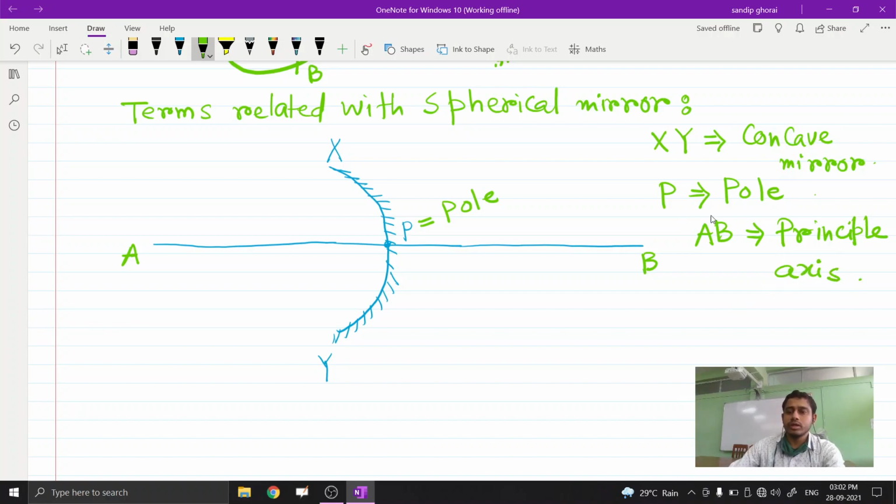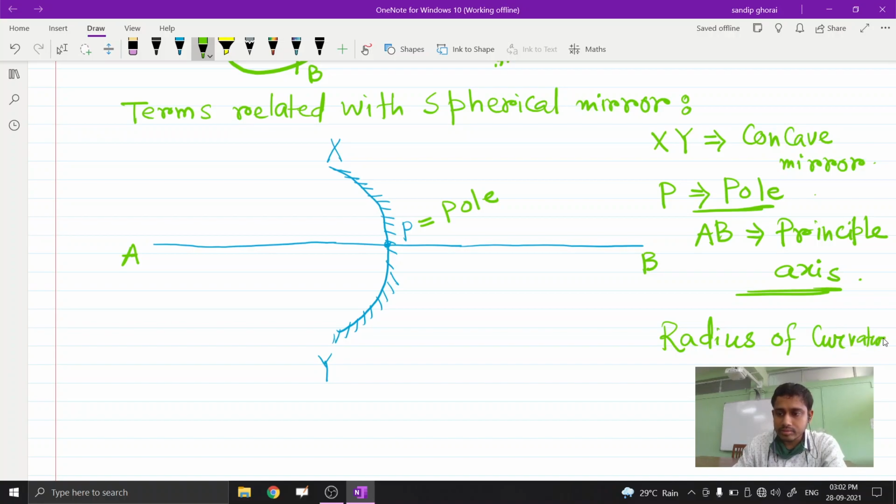So here we already know two terms: first the pole, second the principal axis. Now the next term is radius of curvature. Before knowing the definition of radius of curvature, we have to know what the center of curvature is.